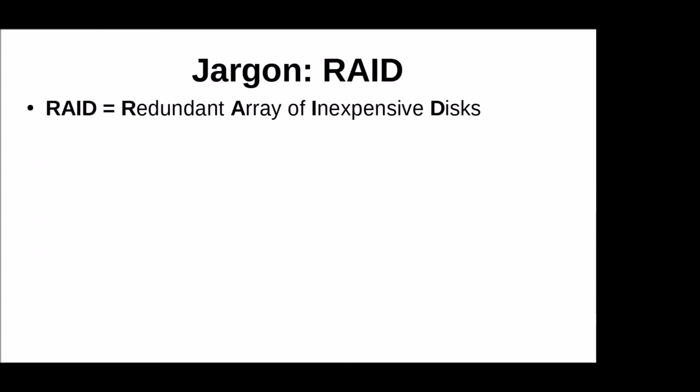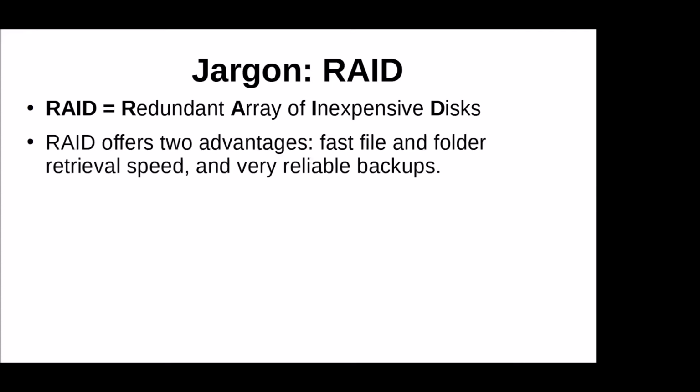Now, here's some more jargon. RAID, I mentioned this previously. RAID is a redundant array of inexpensive disks. Now, that word inexpensive is, how can I put this diplomatically? Relative. RAID offers two big advantages: a fast file and folder retrieval speed and very flexible backups. Why is retrieval fast?